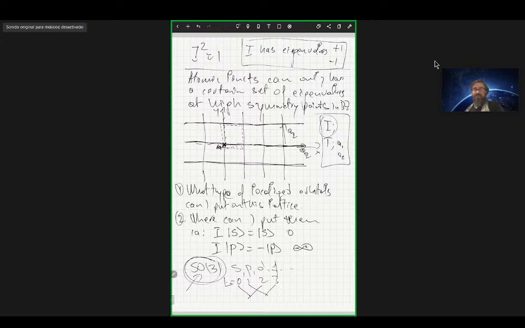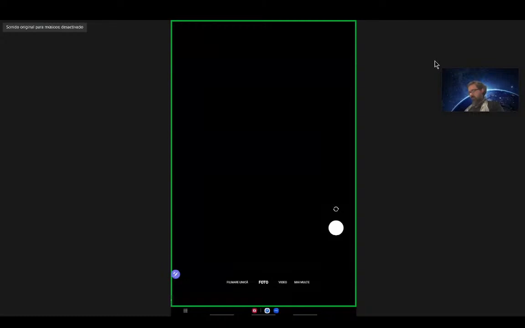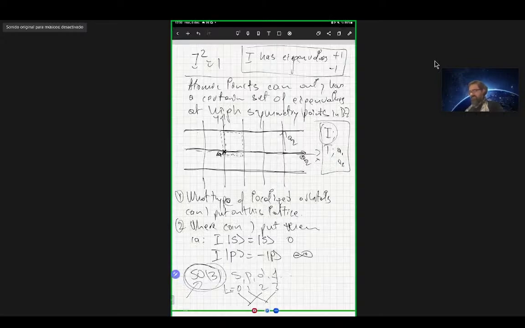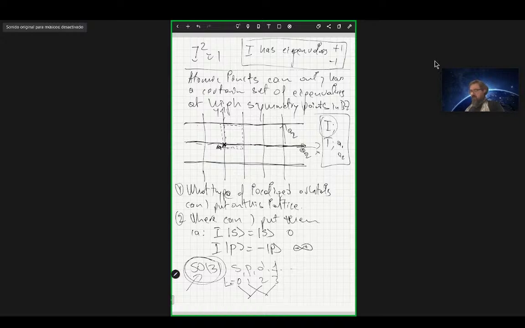So all the even ones will be the same, etc. So this is one thing that one should remember, that from your chemistry classes, you must lose this spd wording, because lattices don't have the large symmetry that chemists like to talk about.